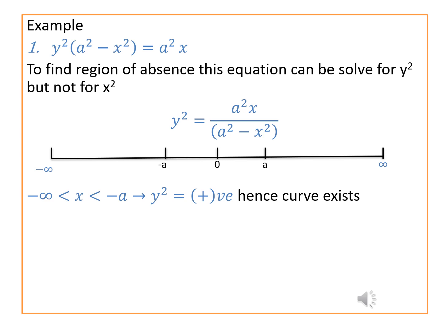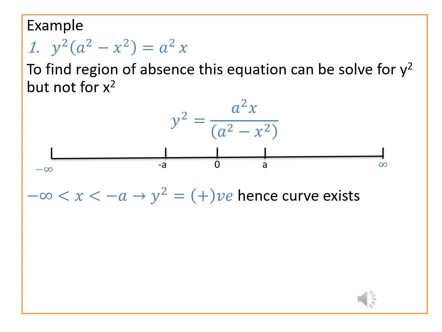Now if we put that value on the right hand side of y square, what do we get? A square x, where x is negative, means the numerator is negative. In the denominator, x square will be positive, but numerically it is greater than a, so the denominator is also negative. Negative upon negative is positive, which means for this part y square is positive, hence the curve exists.